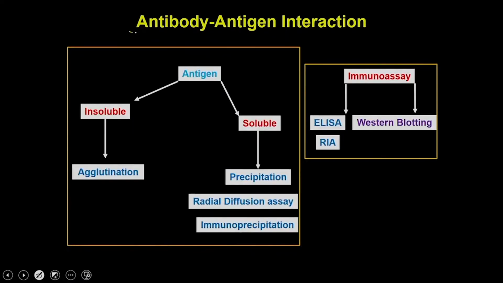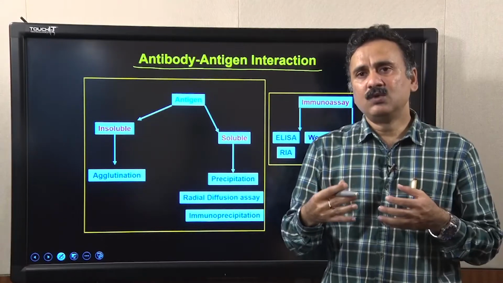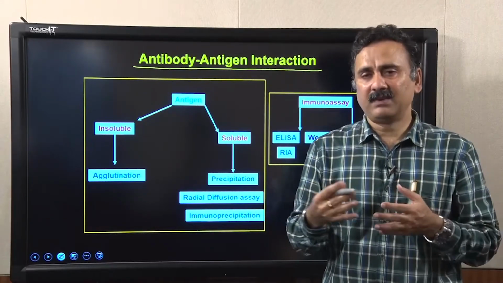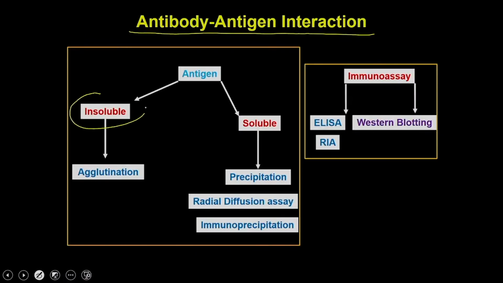Now, the antigen-antibody interaction could be of multiple types, because the antigen could be of multiple types. For example, an antigen could be an insoluble antigen or a soluble antigen. What is meant by an insoluble antigen is, for example, cells like the RBC.